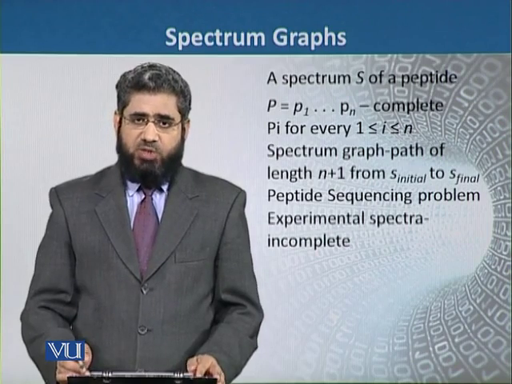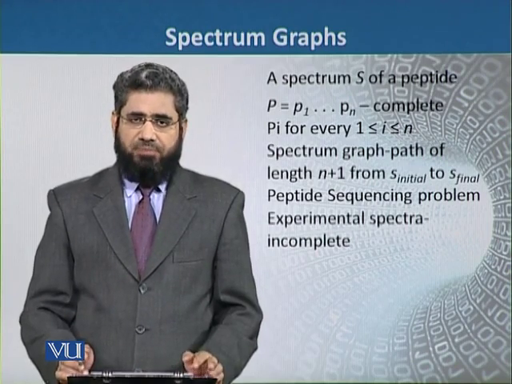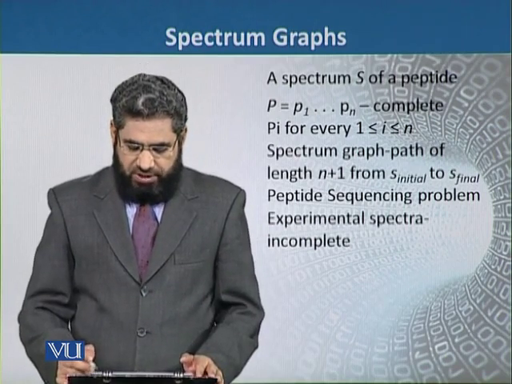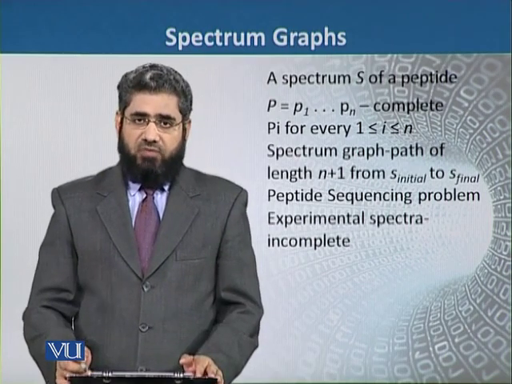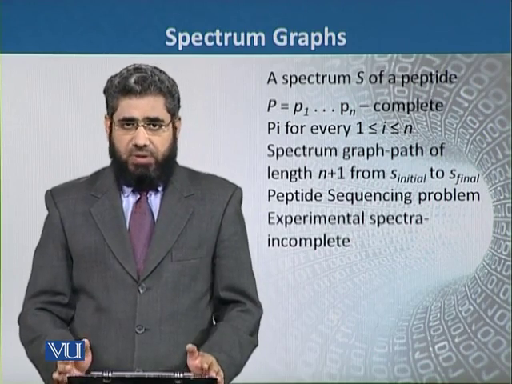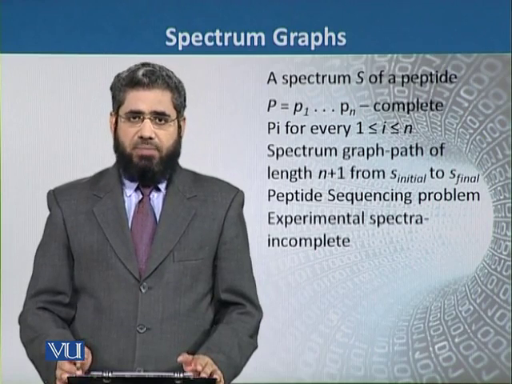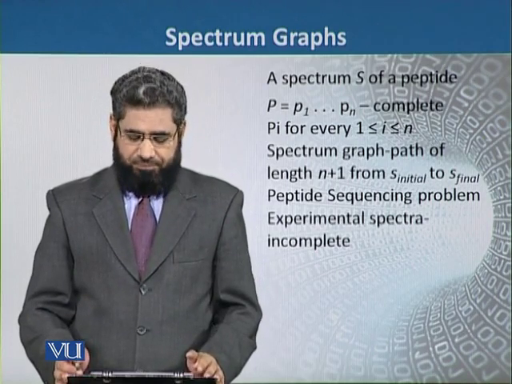And that spectrum is used to find the correct path of the experimental peptide sequencing problem. And we know that the good path will be that path which has the maximum number of vertices.